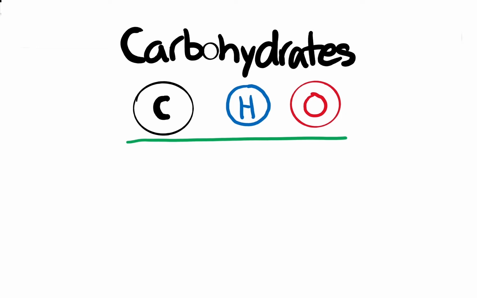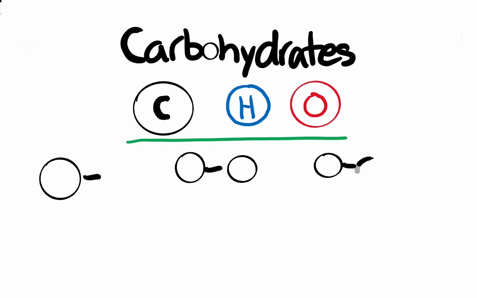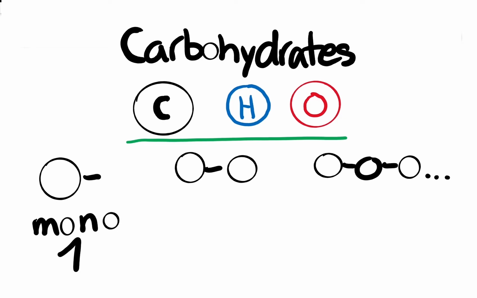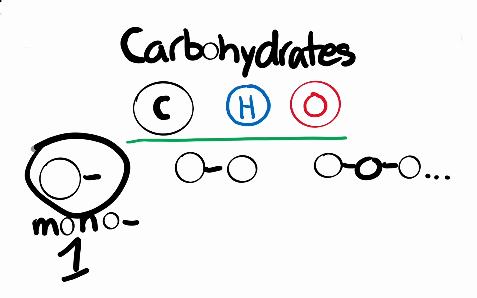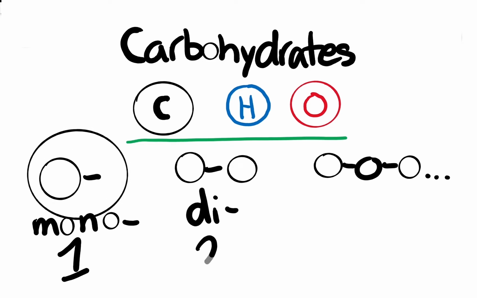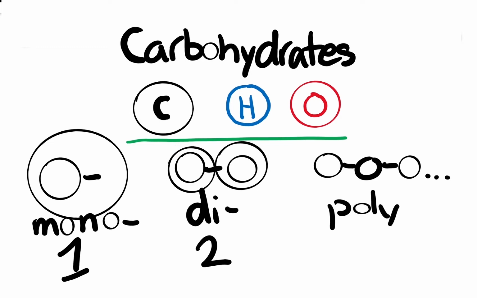Carbohydrates can be split up into monosaccharides, disaccharides, and polysaccharides. And the way to remember this is also in the name. So mono means 1. So you have 1 unit. Di, meaning 2, helps you remember that there are 2 units in disaccharides. And poly, meaning many.